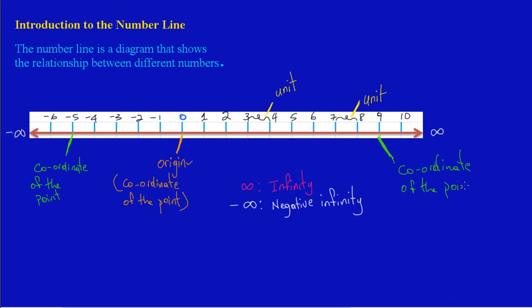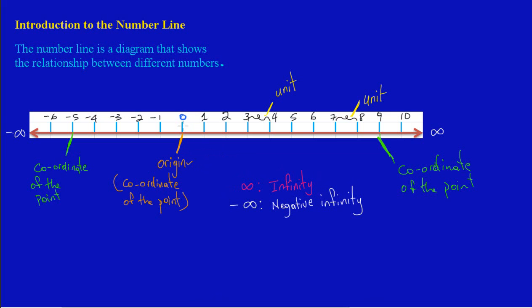Okay, so anywhere on the number line where a number is located is called a coordinate of the point. Okay, the distance that separates each number is the same, and it is called a unit. Okay, so the distance between here is called a unit. Where 0 is located, it's also a coordinate of a point, but it has a special name. It is called the origin.